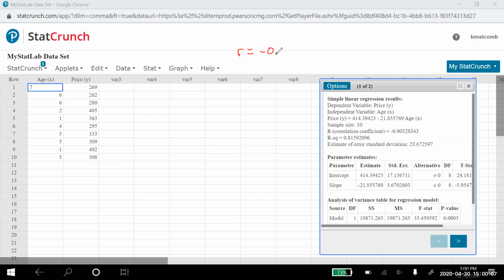And they don't know, they're just making an assumption. So R equals negative 0.90328. I'm just taking a few decimals. I know they're not going to ask that many, but I want to be able to round to the correct one. And the R squared value, which actually if we put that R value in there and squared it, we would get the R squared value, is 0.81592.